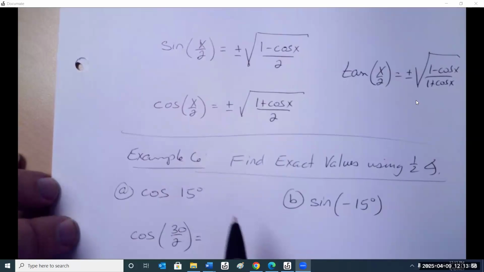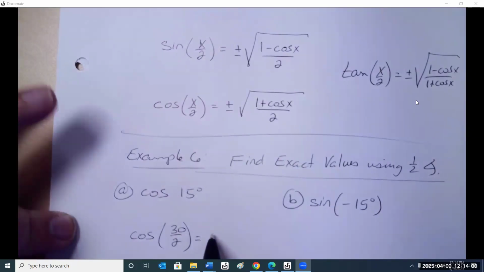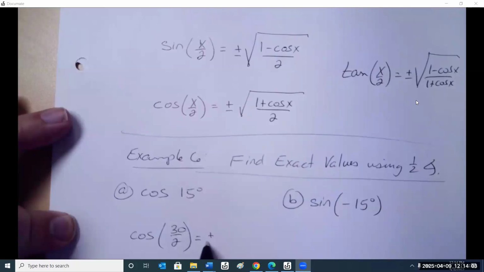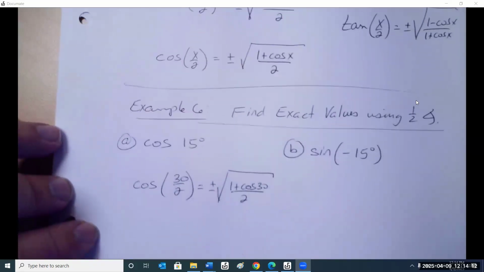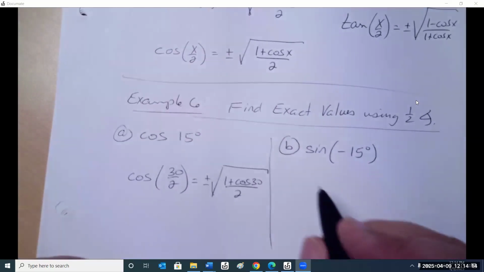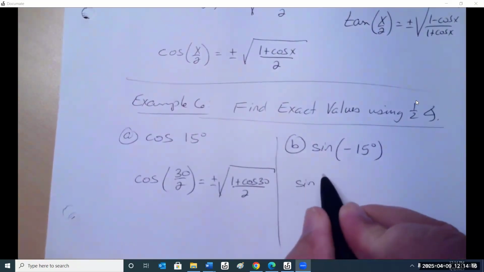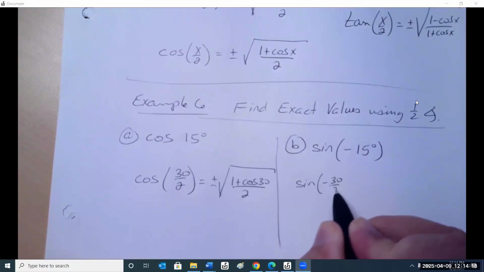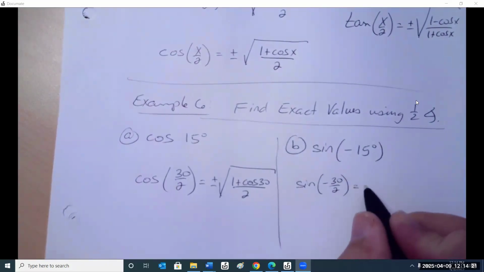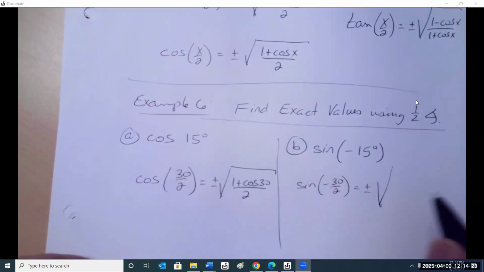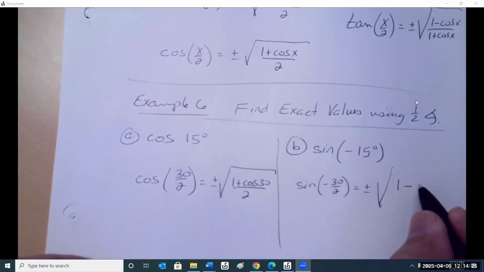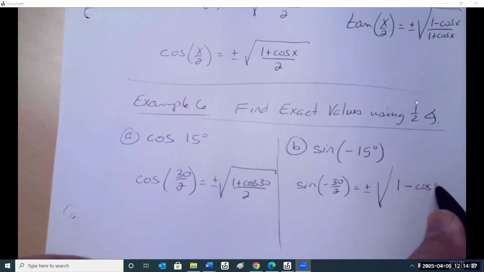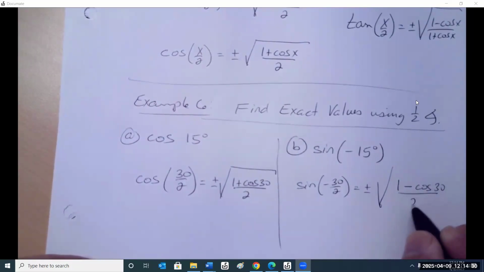So cosine is equal to plus or minus the square root of (1 plus cosine of 30) over 2. And then the sine of negative 30 over 2 would be plus or minus the square root of (1 minus cosine of 30) over 2.